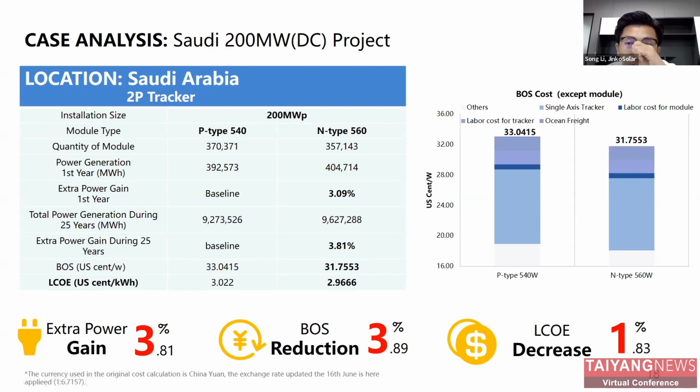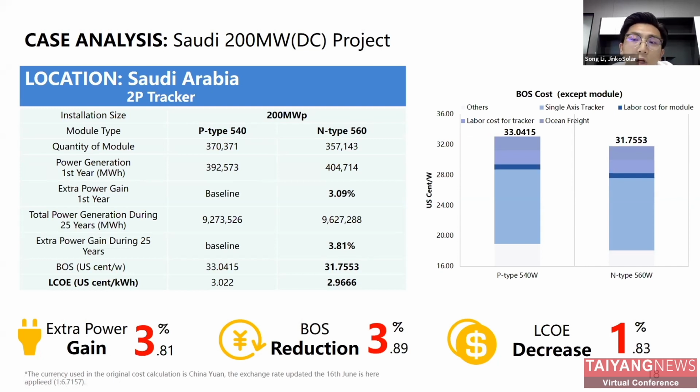And this benefits from the strength of the N-type module. Then, after you get a lower BOS cost and a higher power generation, you will finally gain a more competitive and lower LCOE. It can be 1.83% lower than the P-type.